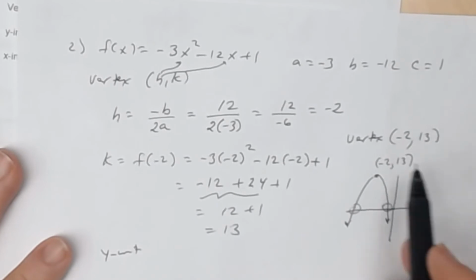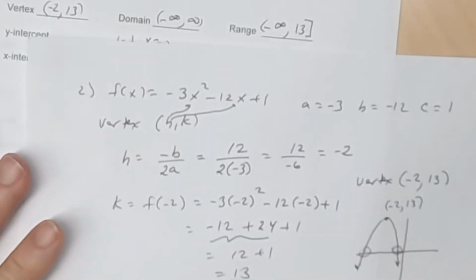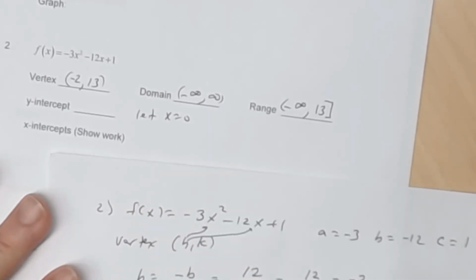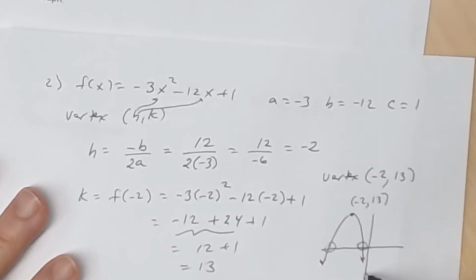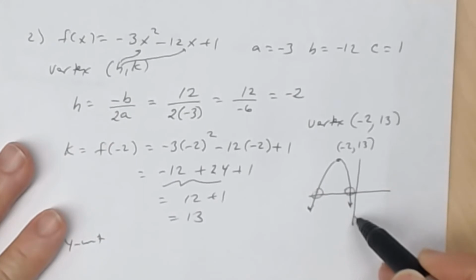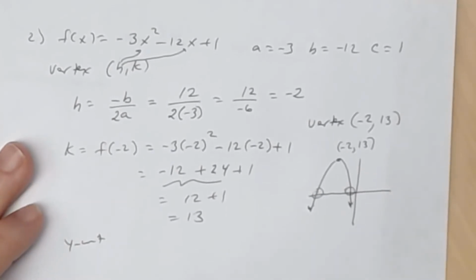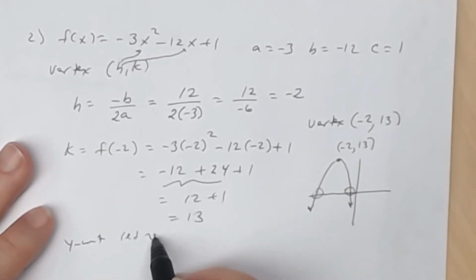y-axis, because when x is 0, that's in the domain. Remember, your x-coordinate 0. So at some point, no matter what, you're going to have x be 0 and there being a y-coordinate. All right, so to find the y-intercept, you let x equal 0.